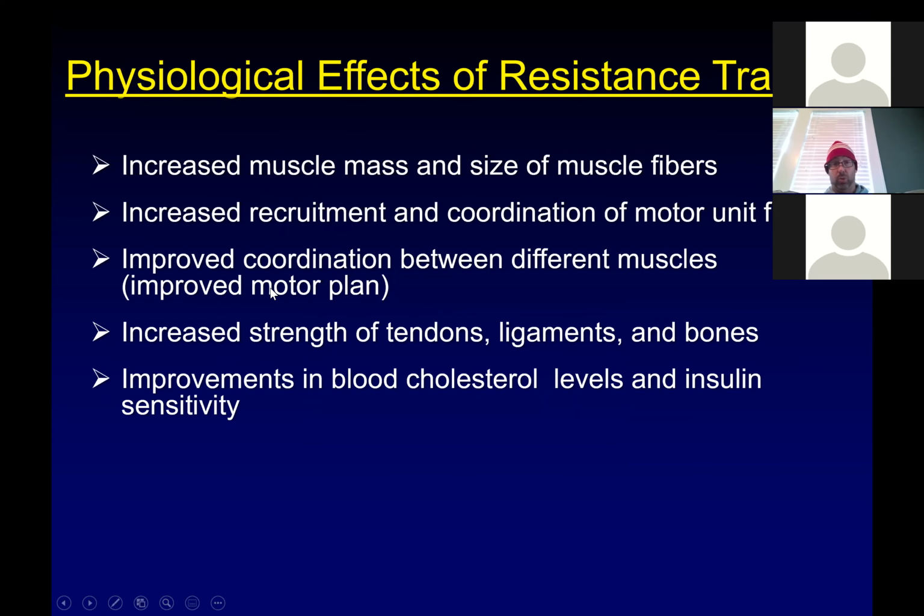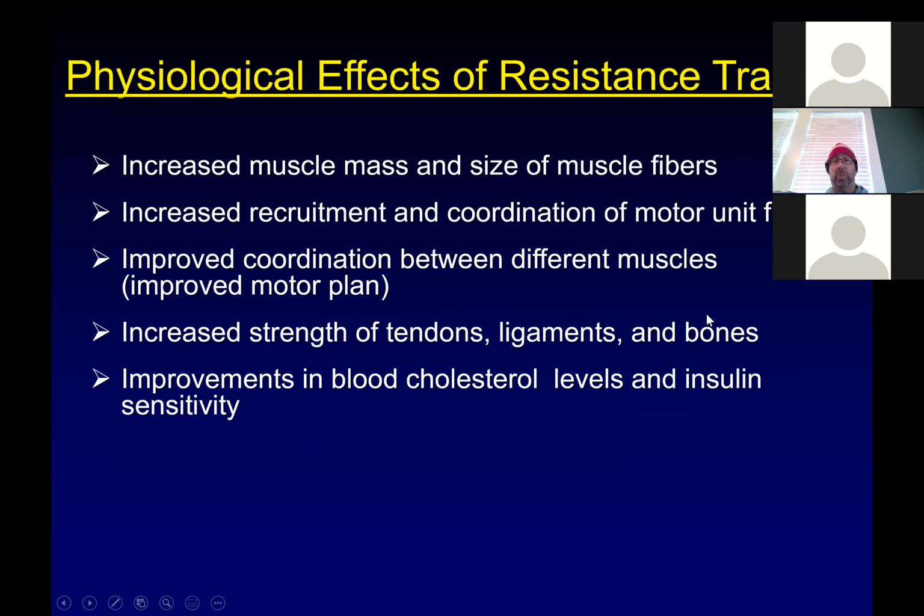Bigger muscles because of more actin and myosin, improve strength because of one, bigger muscles, and two, better recruitment. Additionally, and these are going to be things that we will talk about later on in class and they become particularly important with aging, resistance training also is going to stress ligaments and tendons and your bones. And so if you are consistently resistance training and consistently stressing those, your tendons have more collagen in them, they become stronger and more elastic.